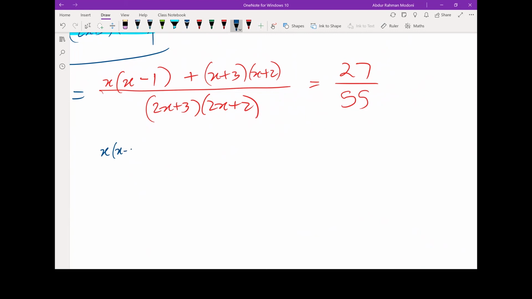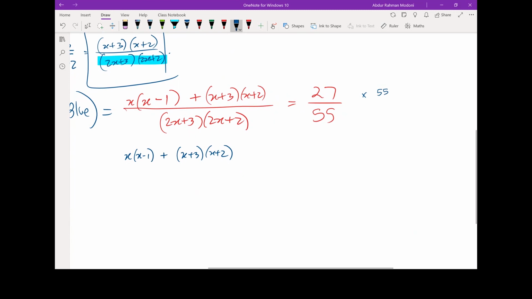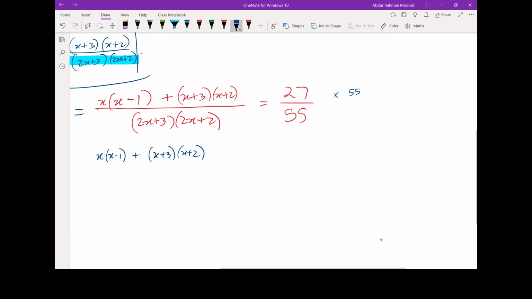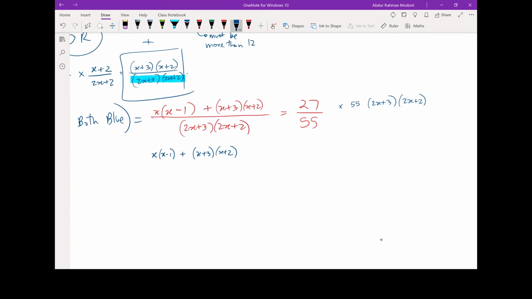So we've got x minus 1 plus x plus 3, x plus 2. I'm going to multiply both sides by 55 and 2x plus 3 and 2x plus 2, and I'm going to do that to both sides. I'm going to also multiply this side by 55 and 2x plus 3.